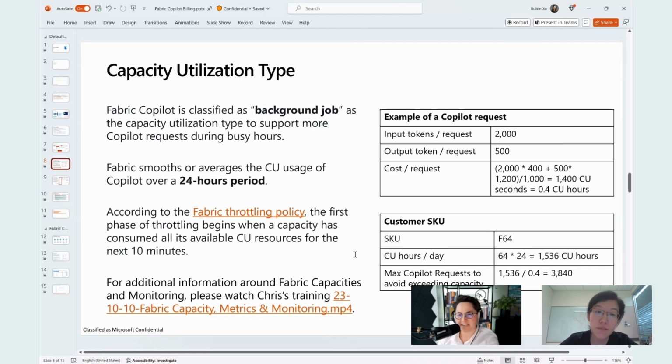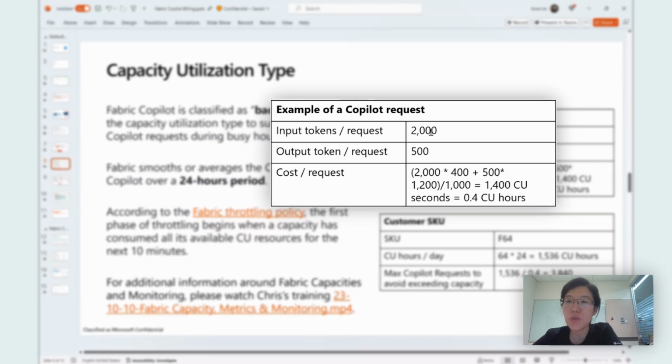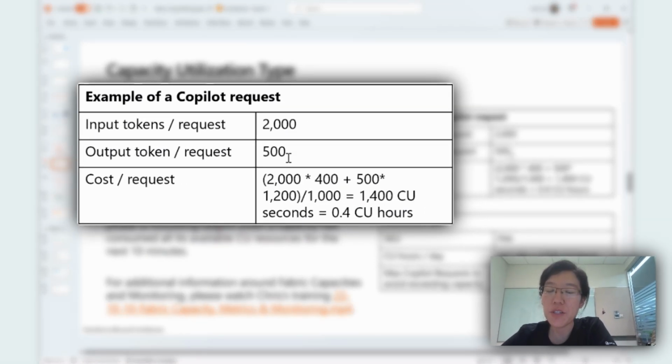Can you explain the Copilot example that you have on the screen? Oh, you mean this one? Yes, how the calculation is happening here. Imagine this is a Power BI Copilot you use to generate a report. For each request, you generate 2,000 input tokens and 500 output tokens.